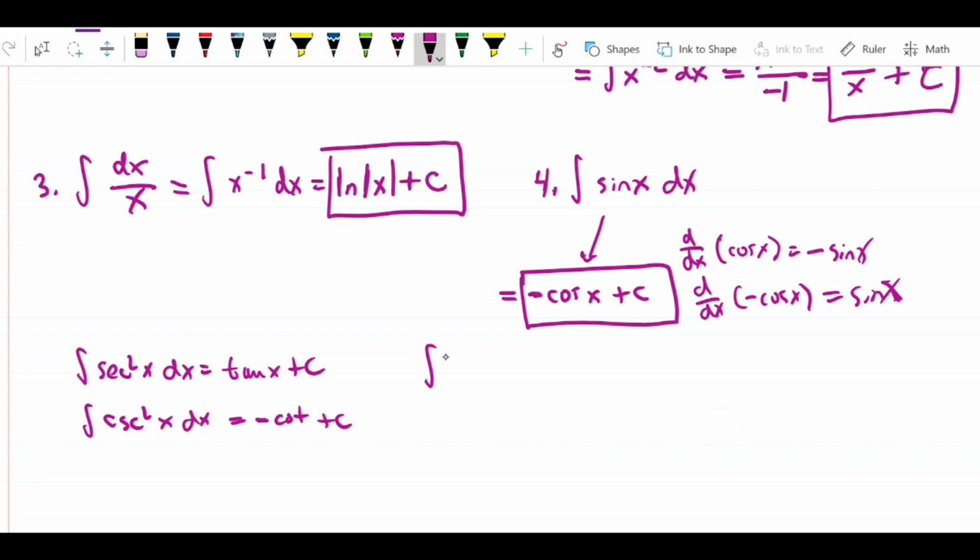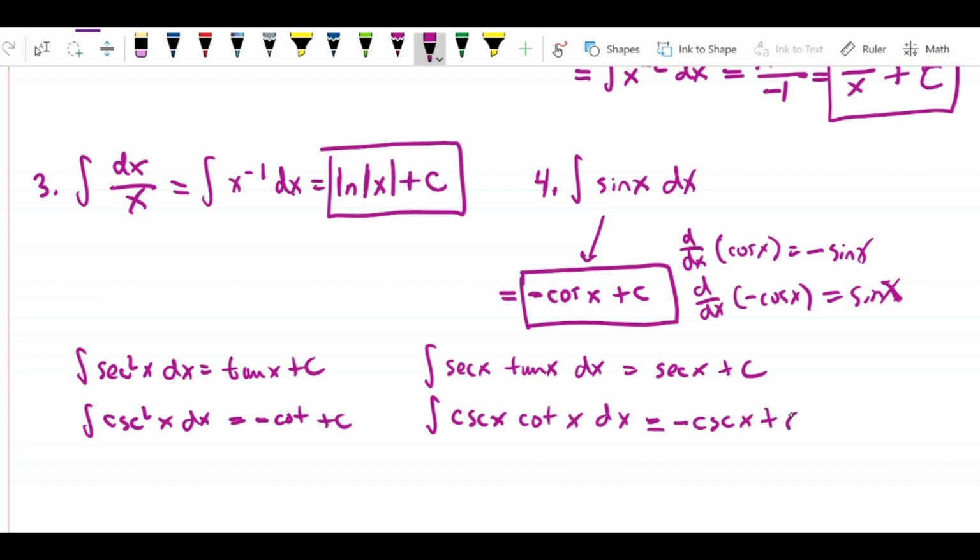The antiderivative of secant x tangent x dx is secant x plus c, and the antiderivative of cosecant x cotangent x dx is equal to negative cosecant x plus c.